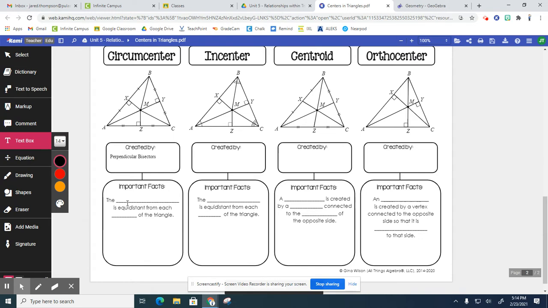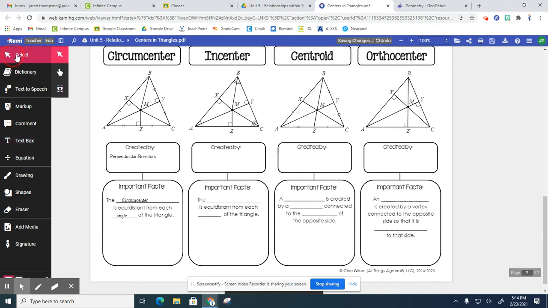Now, important facts about this. The circumcenter is equidistant from each angle in the triangle.